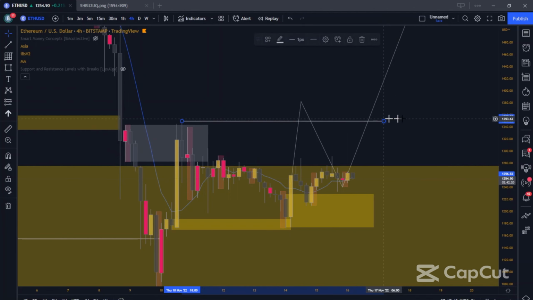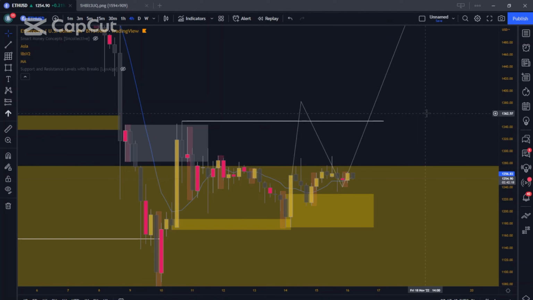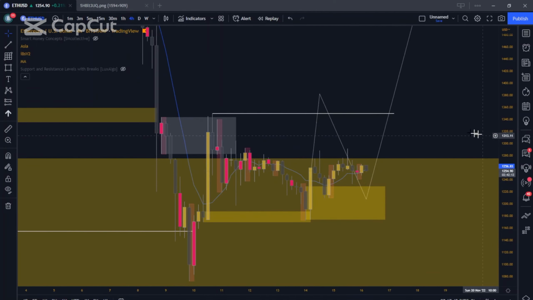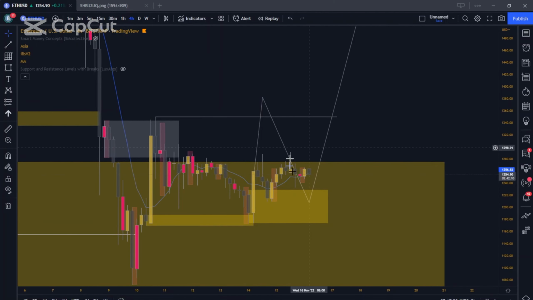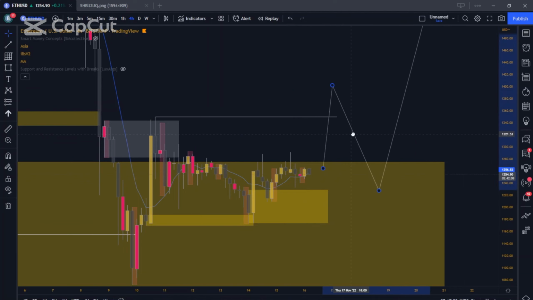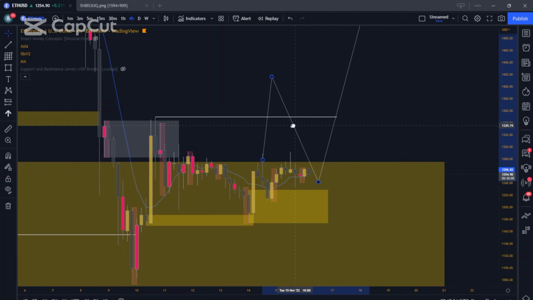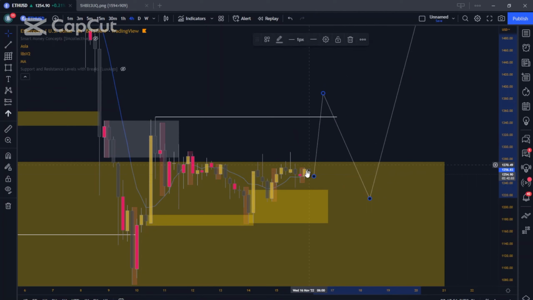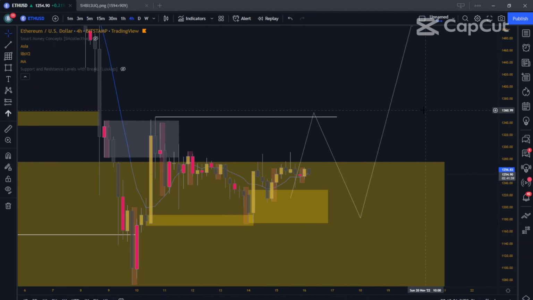Remember, it's not a demand yet, it is only a demand once structure is broken. Or if anything new gets produced over here, we could look for something over here, all depending on what price does. Let's wait for price to develop and see what price wants to do.